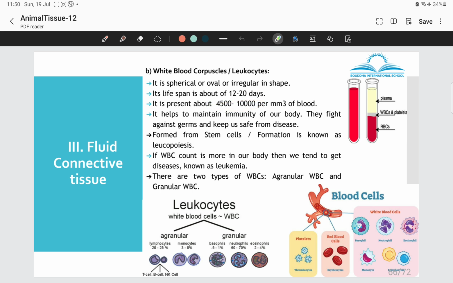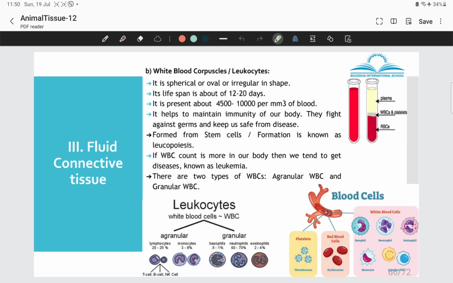And the main function of white blood corpuscles is to maintain the immunity of our body by fighting against germs and keeping us safe from disease. And the white blood cells are formed from stem cells present in the bone, and the process of formation of WBC is known as leukopoiesis.